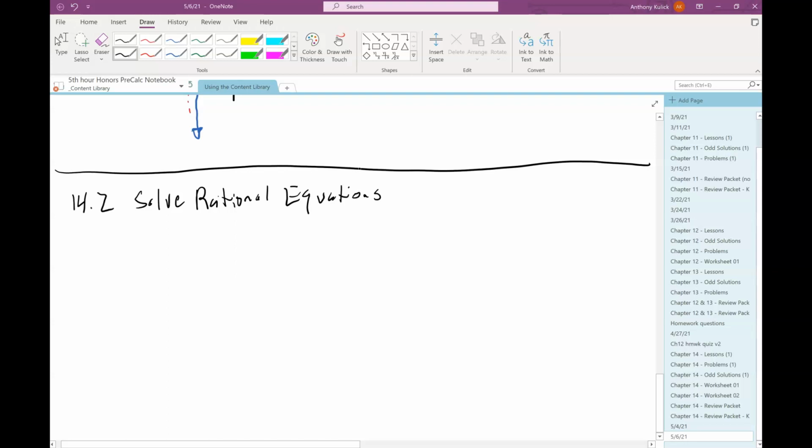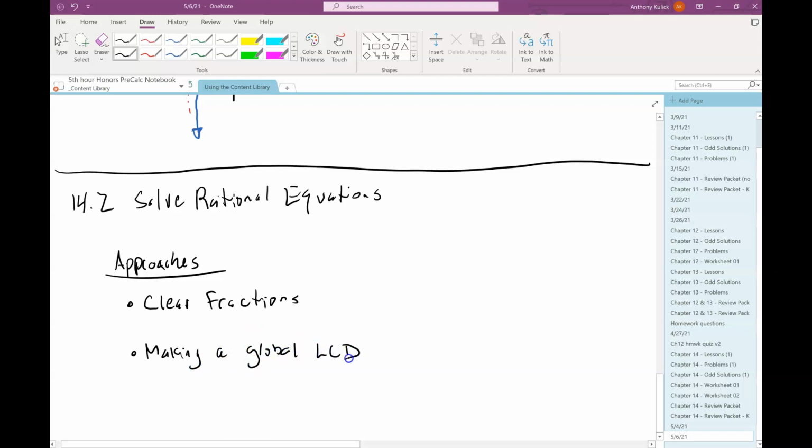There's a couple of different approaches that we can take to solving, but they really break down into two notions: clearing fractions or making a global least common denominator.